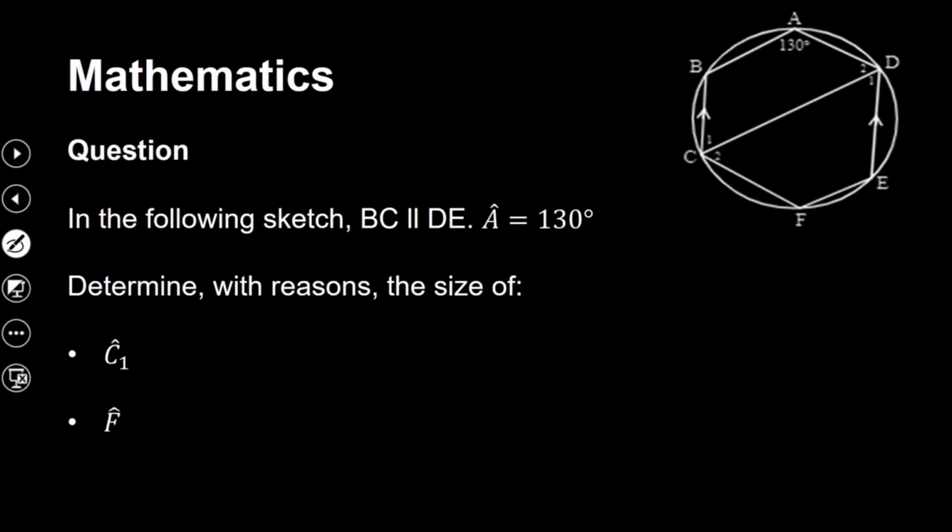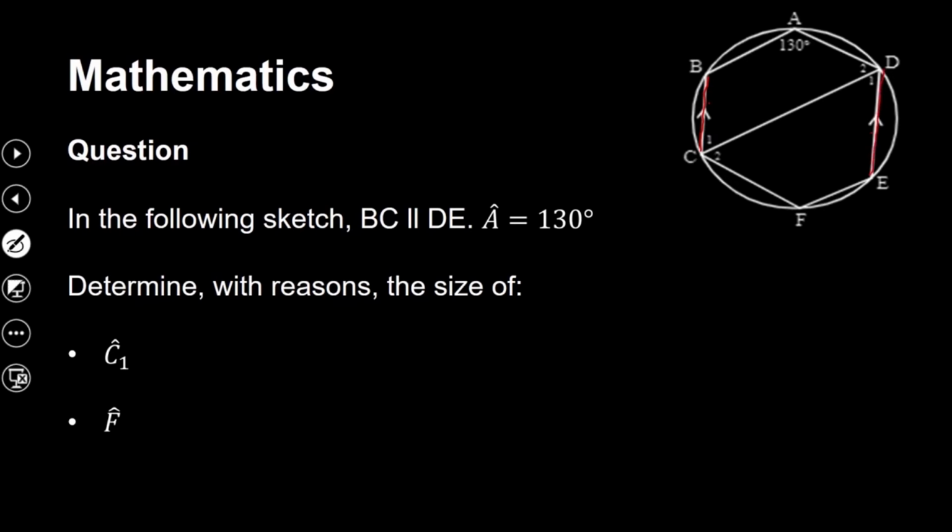Now let's look at more interesting questions. It says, in the following sketch, BC is parallel to DE, right? So this line here and that line are parallel to one another.